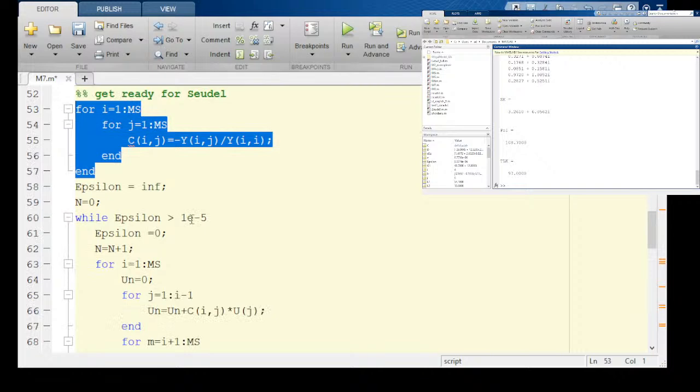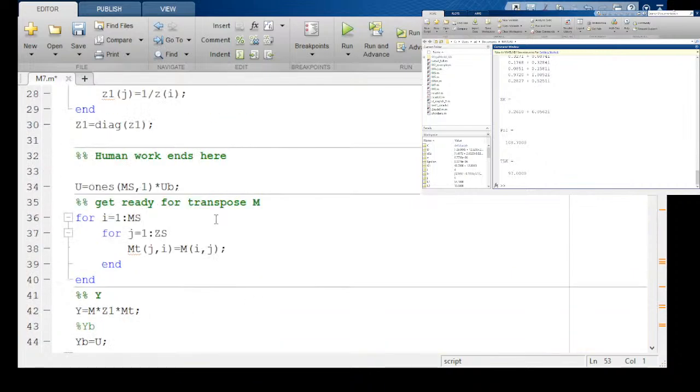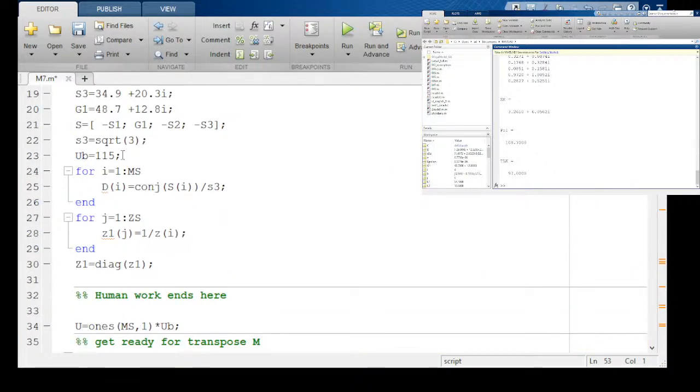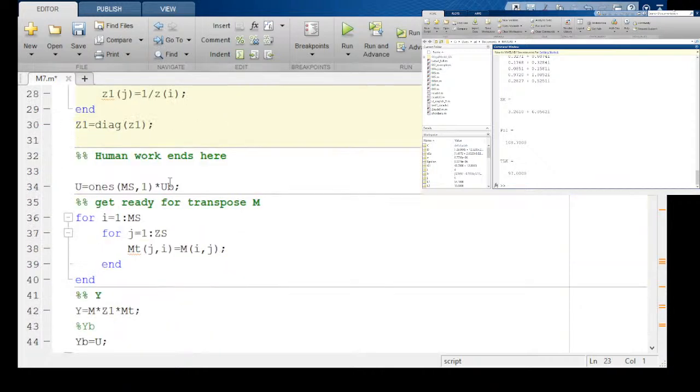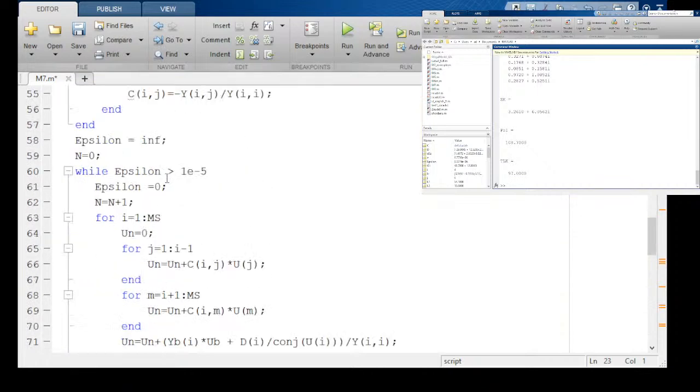Now, if you take a look, here it is. I set the base node voltage at 150 kilovolts. So I will calculate in kilovolts. Maybe 5 digits after the comma is too much, because it's in kilovolts, maybe 3.